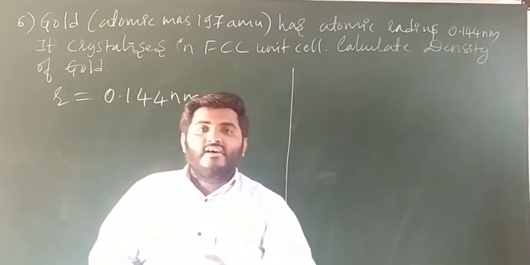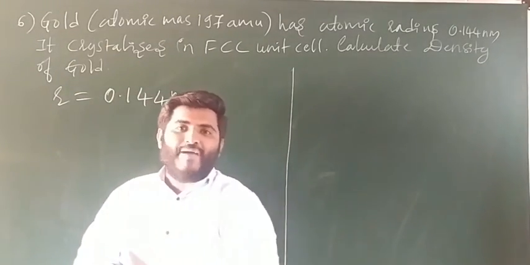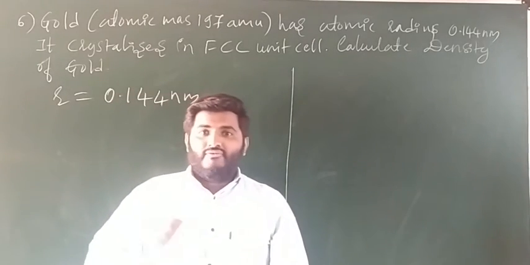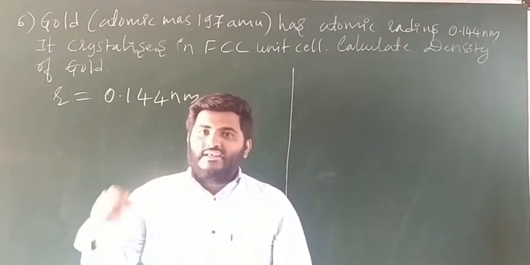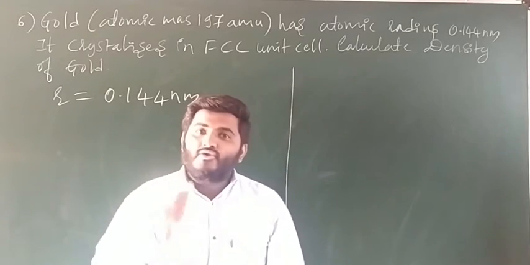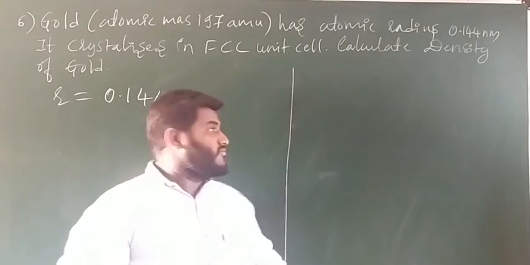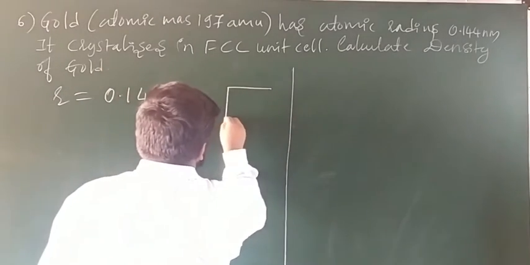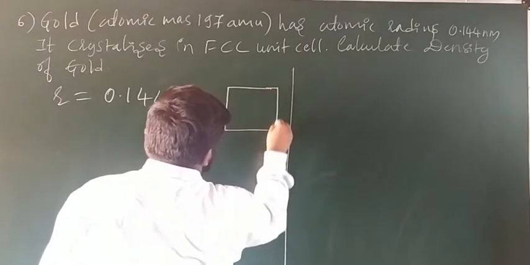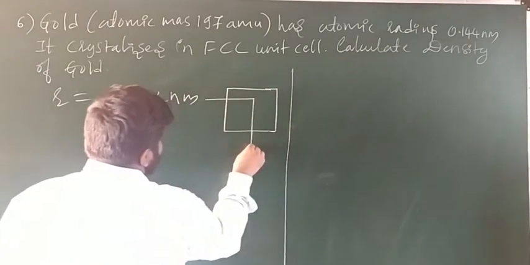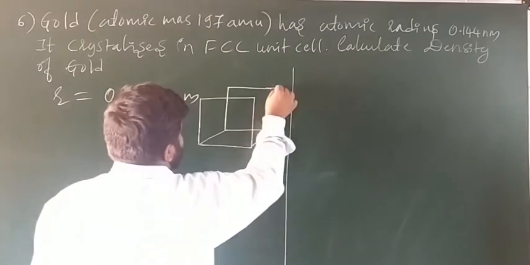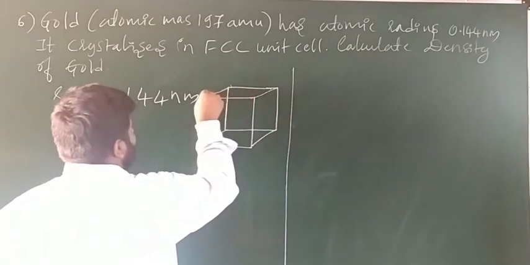Next, it crystallizes in FCC. FCC means face centered cubic close packing, which we discussed in the third or fourth video. If you have not seen that video, the link is in the description; first go through that video and then come to this one. See here how this FCC looks. This is a simple cubic unit cell.